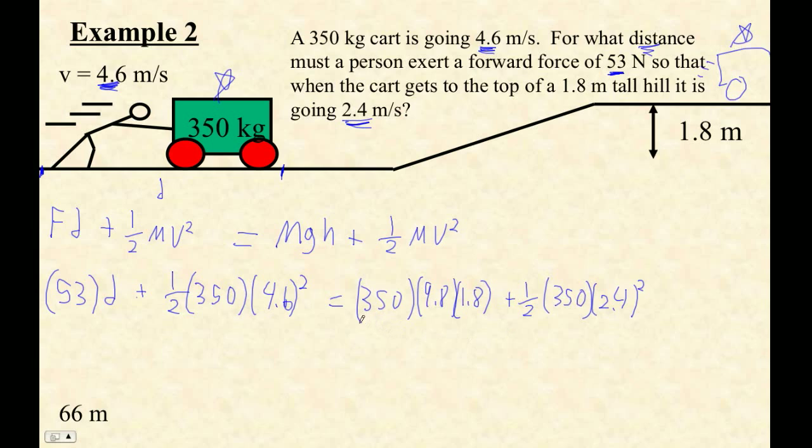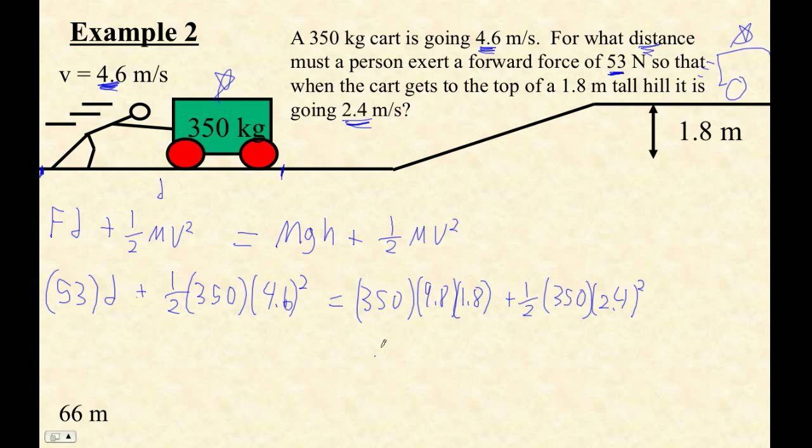Well, what I'm going to do is take this entire side and just bust that out and add it together. So I'm going to go 350 times 9.8 times 1.8 plus 0.5 times 350 times 2.4 squared. Let me make sure that's exactly what I typed. Indeed it is.